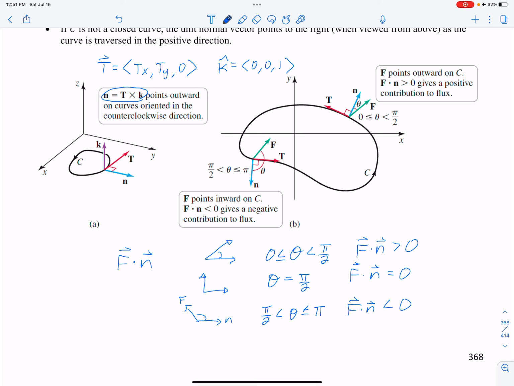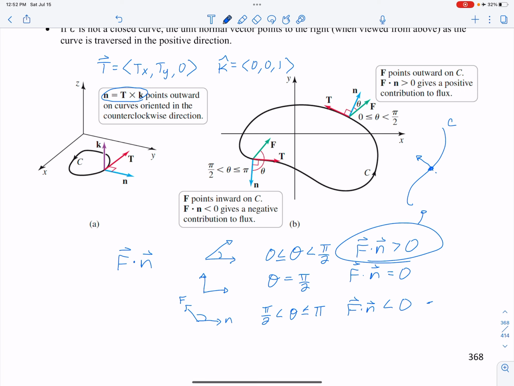So check this out. If this is positive, there's a lot of crosswind coming across C. Here's my path, and this is point C. If this is the case, then there is a lot of crosswind of F going across there. If it's negative, then it pushes across the other way.